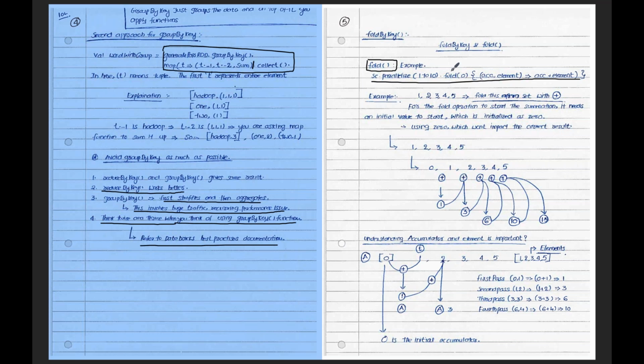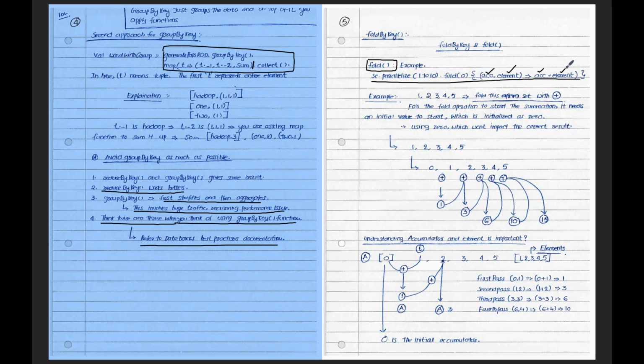And when you say fold of 0, it will first form an accumulator and an element. Later, it will combine that accumulator and an element. Now you need to understand what this accumulator is and what this element is. If you understand that, you are done with fold by key as well.